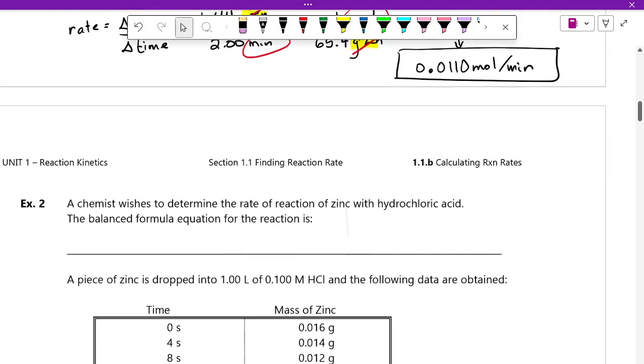So this is on page 12. See if you can include the states as well.